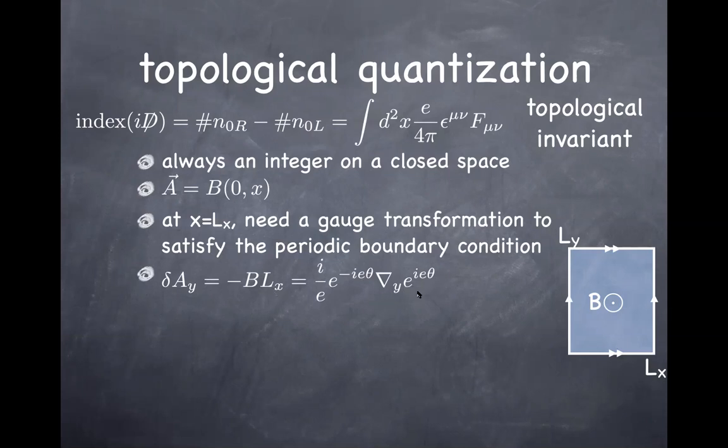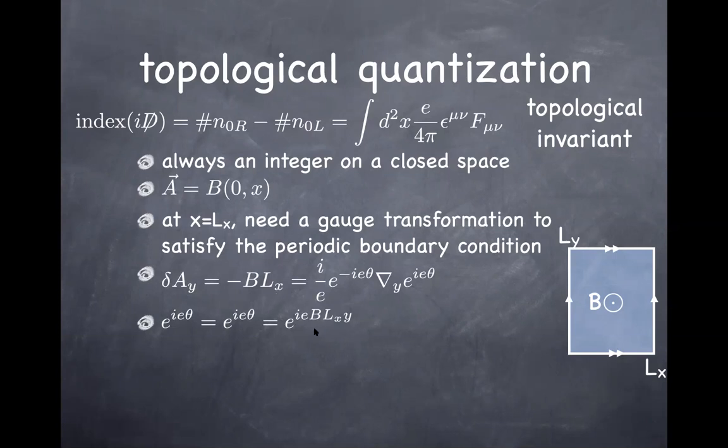I need to find this phase factor e to the i e theta, by writing e to the i e B Lx y. If I take this gauge transformation, the y derivative picks up e B Lx from the exponent, and e is cancelled by the 1 over e up front, so that I can achieve the desired form of the gauge transformation.